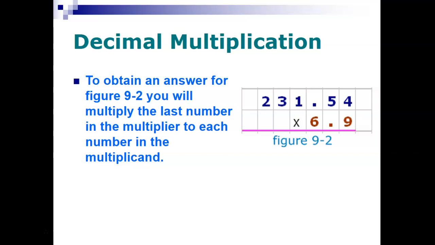How many of y'all remember decimal multiplication? Used to be fairly easy, right? You take the shorter number and start using it to multiply the larger number, right? So in this case, I would use 6.9 to start multiplying into 231.54.